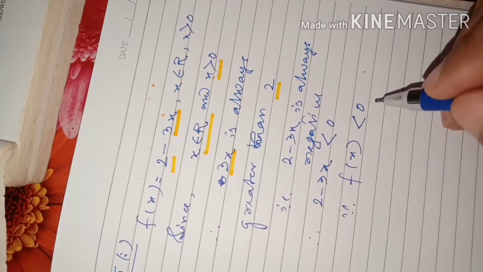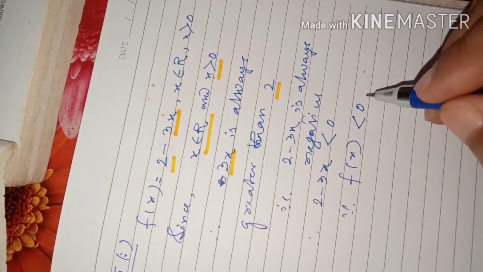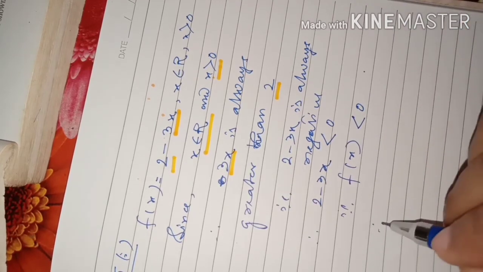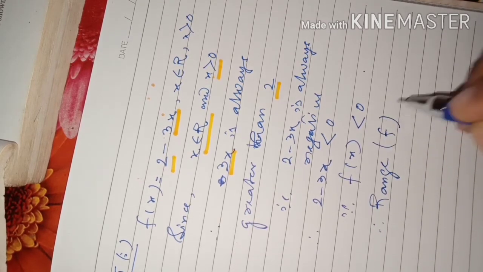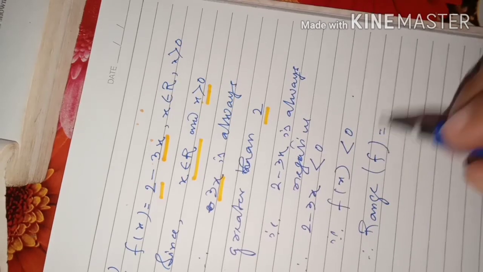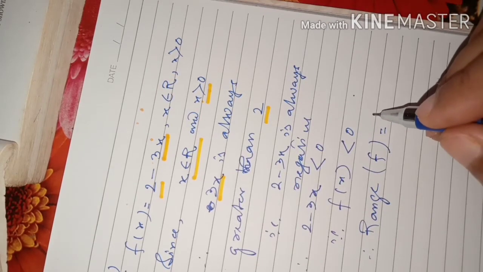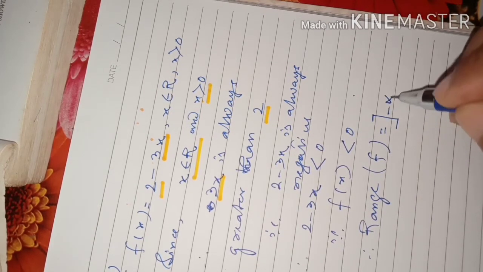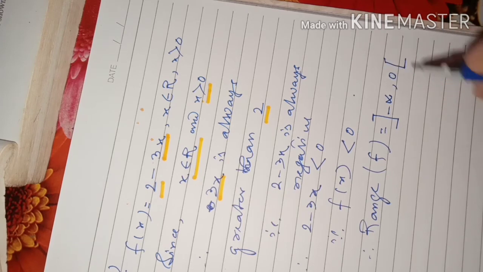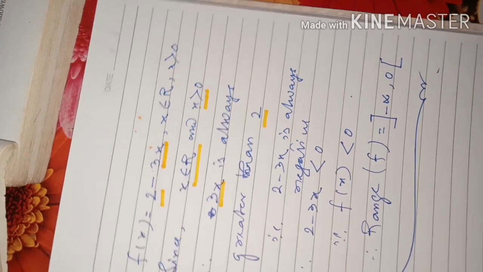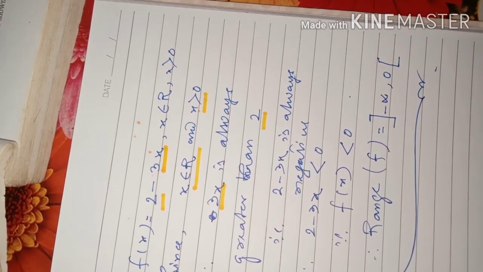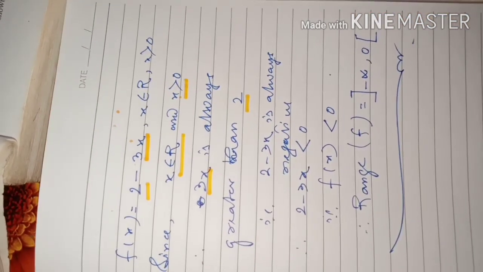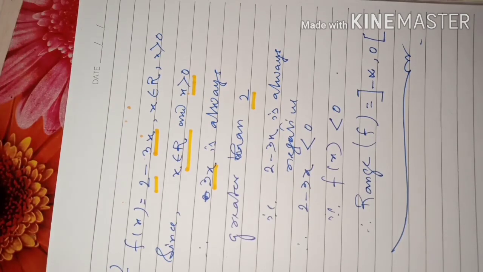Therefore the range of the function f is from negative infinity to 0. You can write it in open brackets, minus infinity to 0. Okay, dear students, the remaining questions you solve as homework.